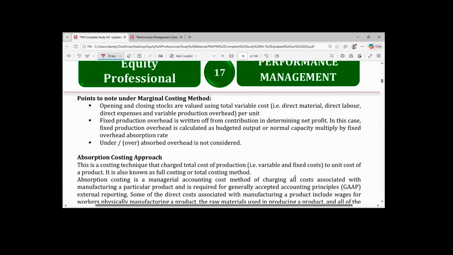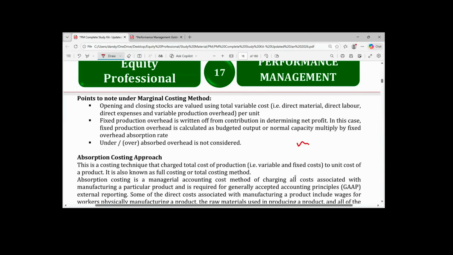Not only that, we said that it is designed principally to aid managerial decision. Why? Because the technique allows management to focus on the areas of the business that are critical to achieving the organization's objective. Then I gave you the key features of the marginal costing technique.